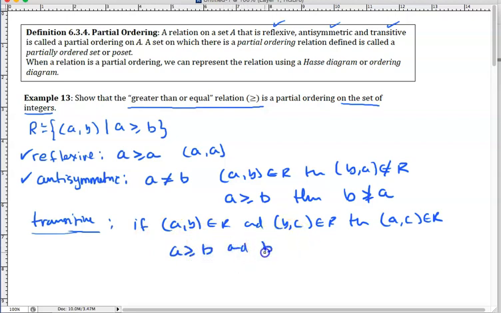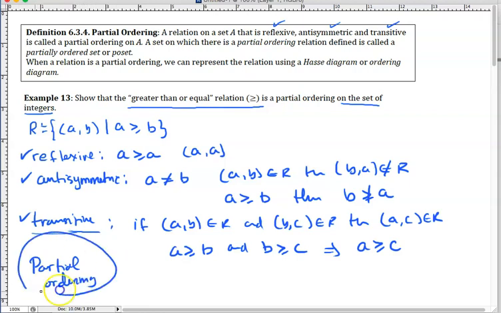If (b, c) is in R, then b is greater than or equal to c. By inequality properties, this means that a is bigger than or equal to c. So this is also transitive. So this is a partial ordering relation.